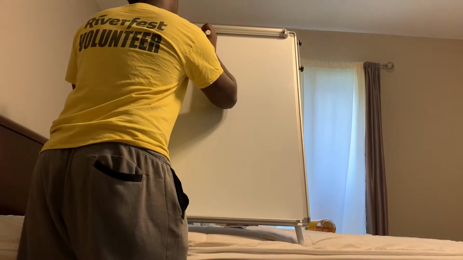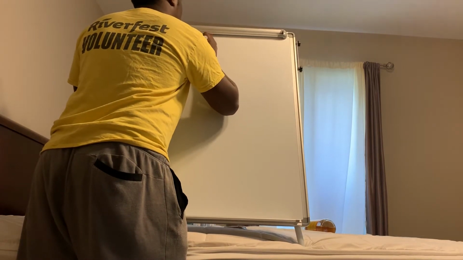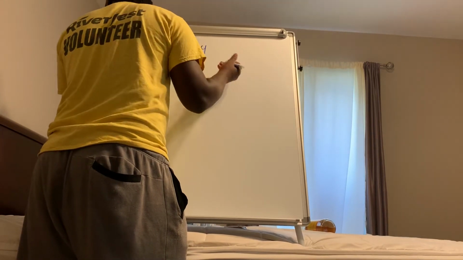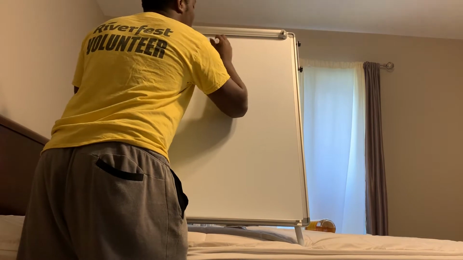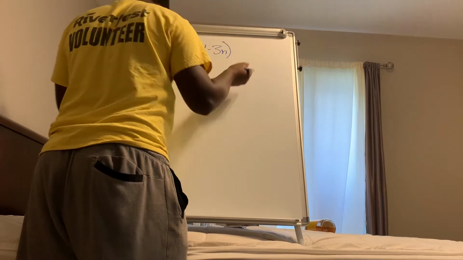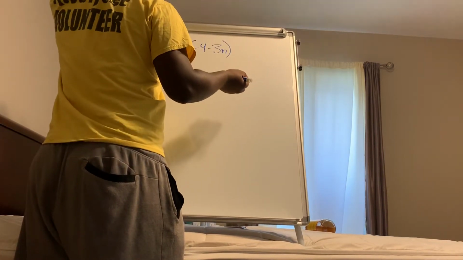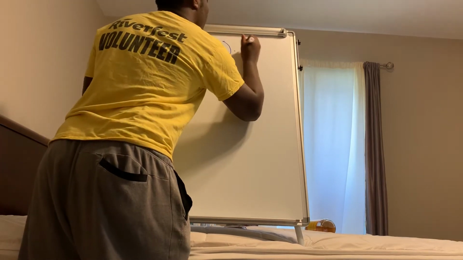The next question we have is -4 minus 3n times -8.